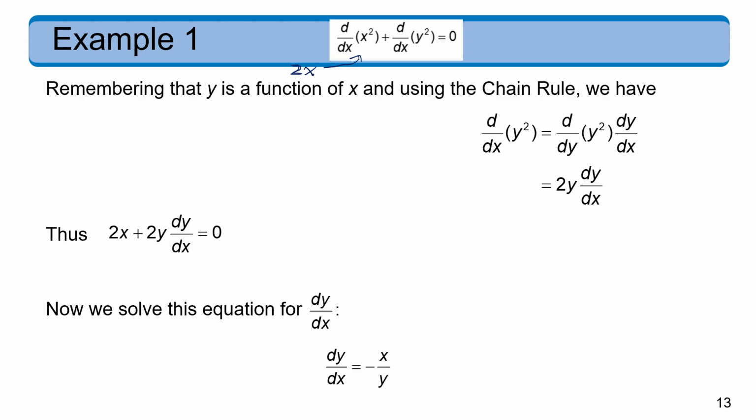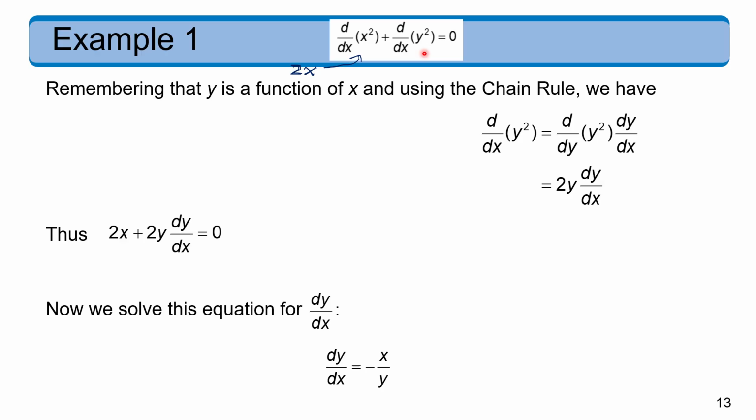The second one is something new that we haven't seen yet, because notice it's asking us to find the derivative of y squared with respect to a different variable, x. The inside is a function of y, but we're taking the derivative with respect to x. If that said d/dy of y squared, we would just use the power rule and get 2y.